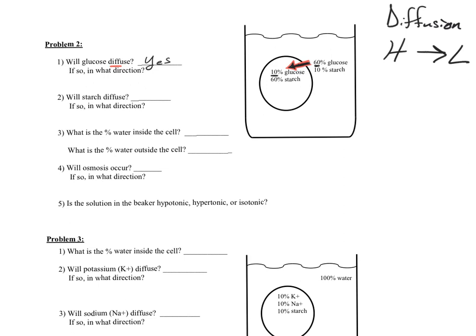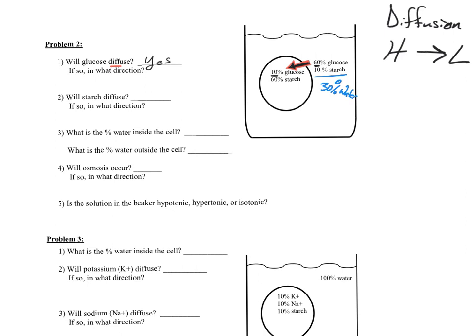Because, okay, the glucose will move until it's about, what, 50-50 or whatever the percentages are going to be on both sides. So let's first think about what's the percent water outside. If we got 60% glucose outside, 10% starch outside, what's left? 30. It's 30% water outside.